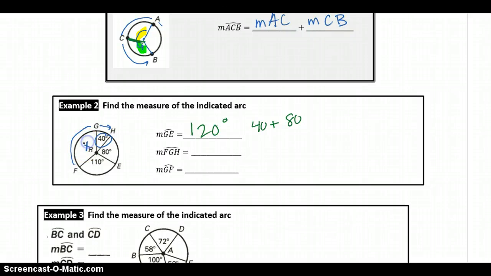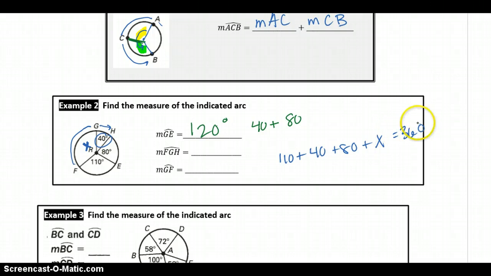So let's call that X. Now, how many degrees are in the entire circle? 360. So if we add up all of the angles in the circle, it should give us 360. That's what we can do here. We can say 110 plus 40 plus 80 plus X, what we're looking for, equals 360.